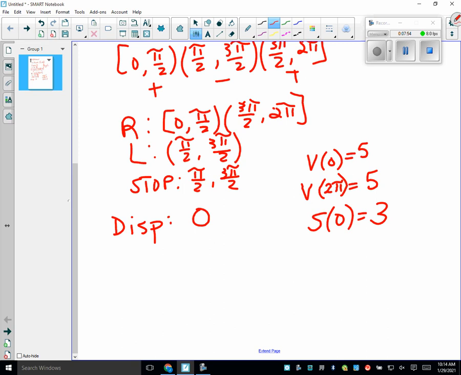So its final position is 3. If the displacement was 2, would it be 5? Yes?